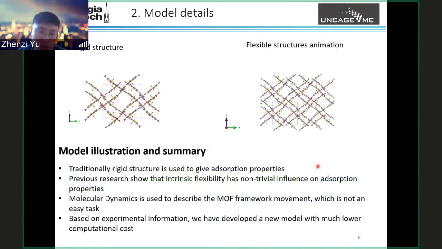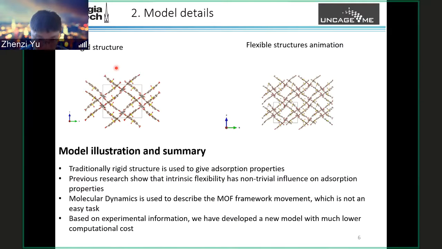In these slides, I will give a quick summary of what I have talked about so far and a model illustration. So traditionally, a rigid structure is used to give the absorption properties. However, previous research showed that intrinsic flexibility has non-trivial influence on absorption properties, which means if you allow the atom to vibrate around its equilibrium position or the linker to rotate around its equilibrium position, the absorption result you get will be different from the one you get from the rigid structure.